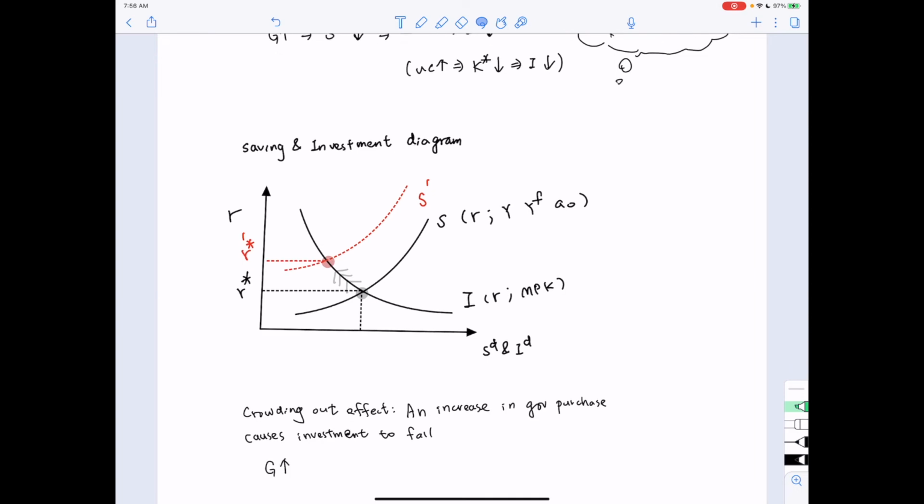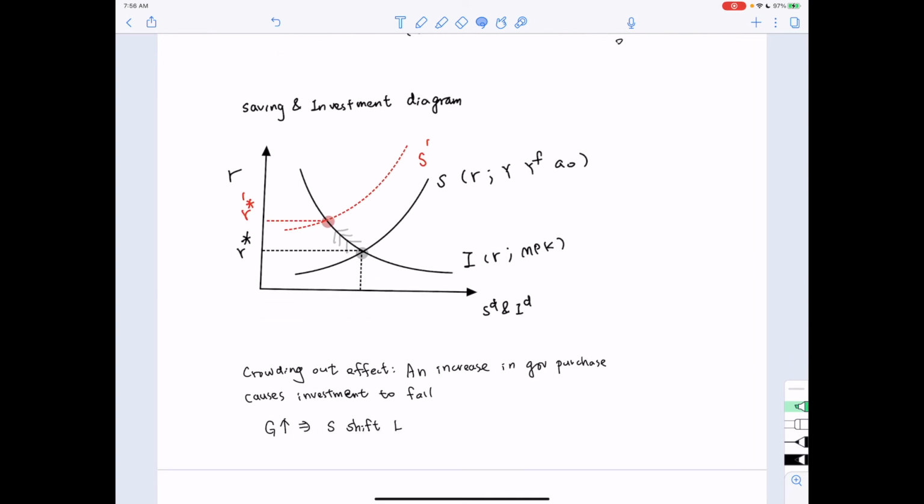To sum up, government expenditure increases, then the saving curve shifts to the left. When the saving curve shifts to the left, it causes the real interest rate to rise. That is because the supply of capital goods now becomes less, so the market responds to such a change and increases the price, and that is the real interest rate in the capital goods market.